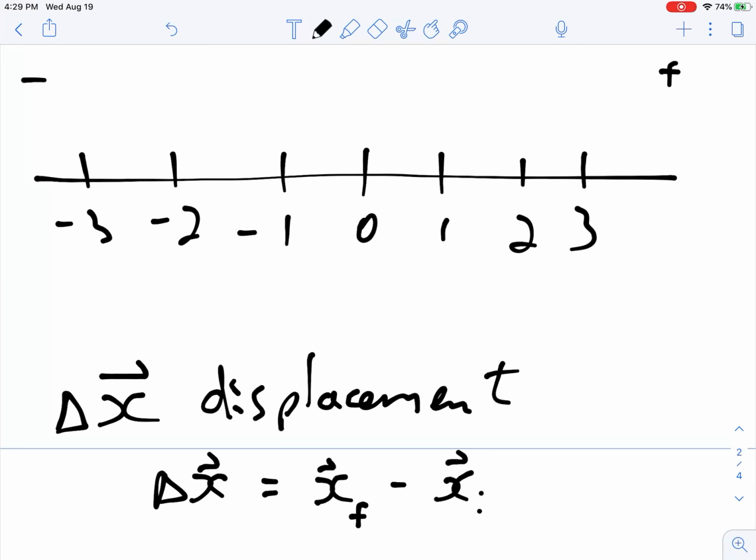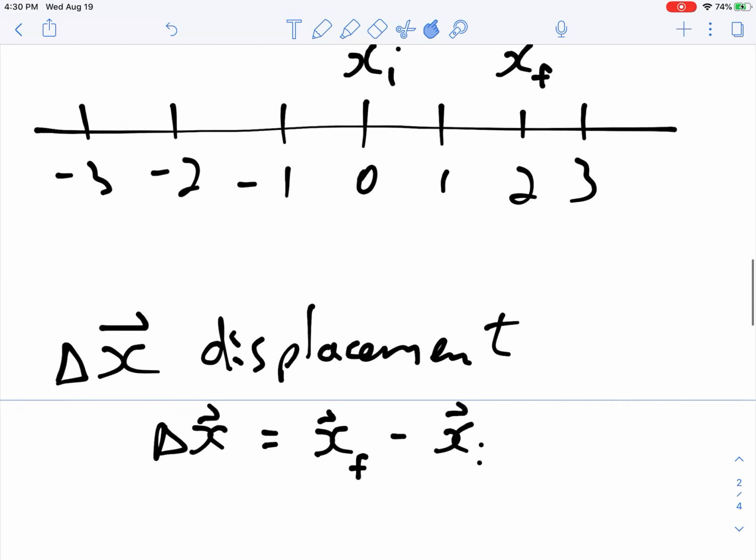Well, let's say my initial position is right here at the 0. And let's say my final position is right here at the 2. Okay? So my initial position is 0.